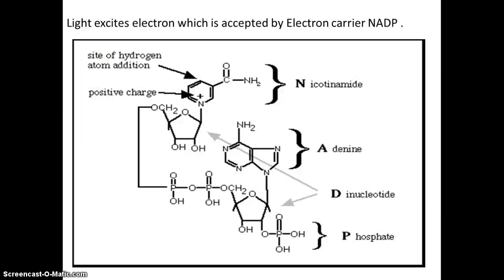Now, when that electron is excited by that light energy, it's eventually accepted by a molecule called NADP. If you remember, in cellular respiration we had NAD+. It also is an electron carrier. Here in photosynthesis, a very similar molecule called NADP does the same thing, it accepts electrons, and when it accepts electrons, it becomes NADPH.